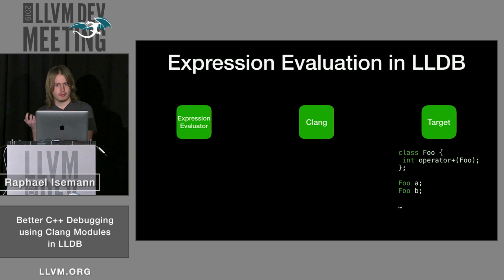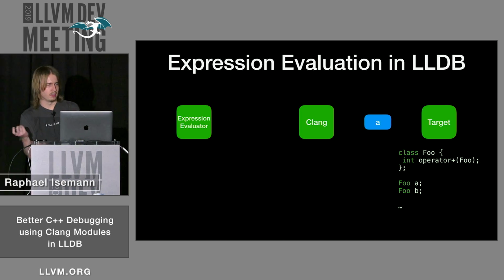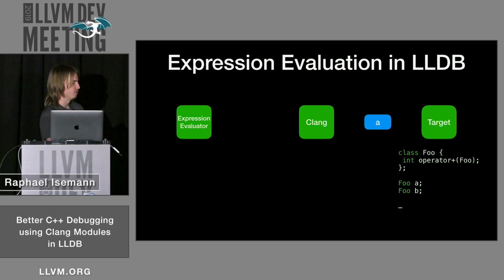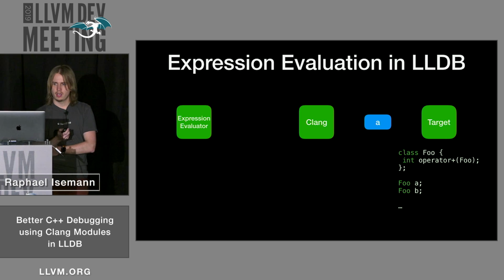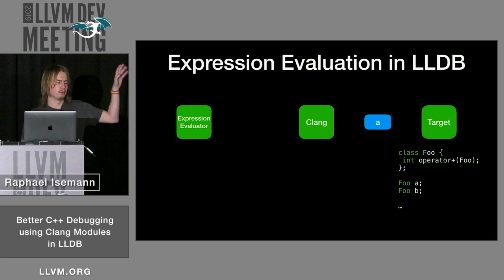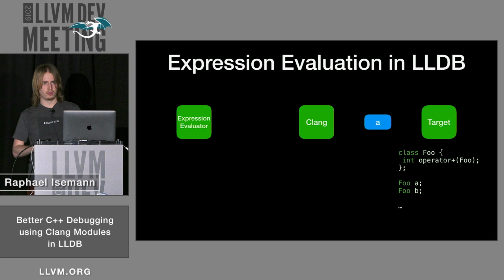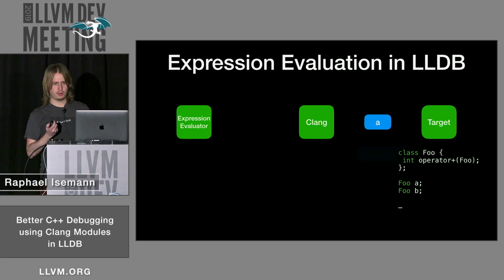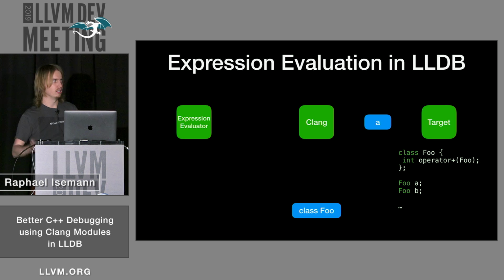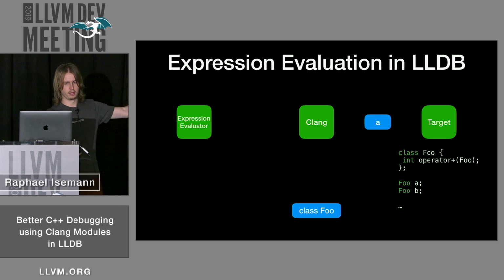We start parsing, and we first get the question, what is A? Because it's the first part of the expression. If we look at the target, and I put the source code below the target, we see that A is a variable of type Foo, and Foo is some class. So let's first take the class as an AST node and put it into the Clang AST we're currently building.